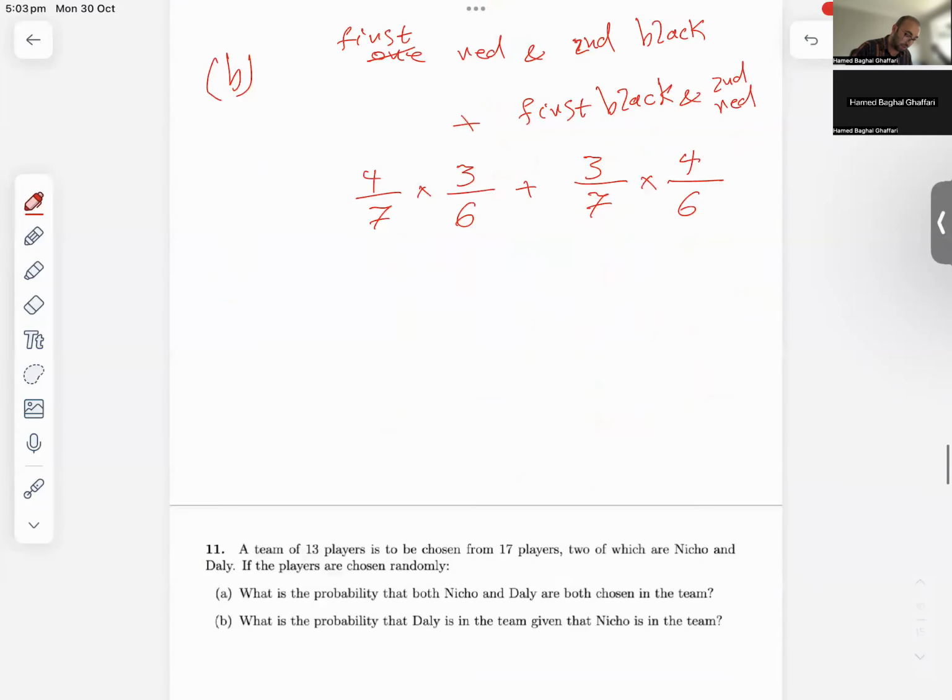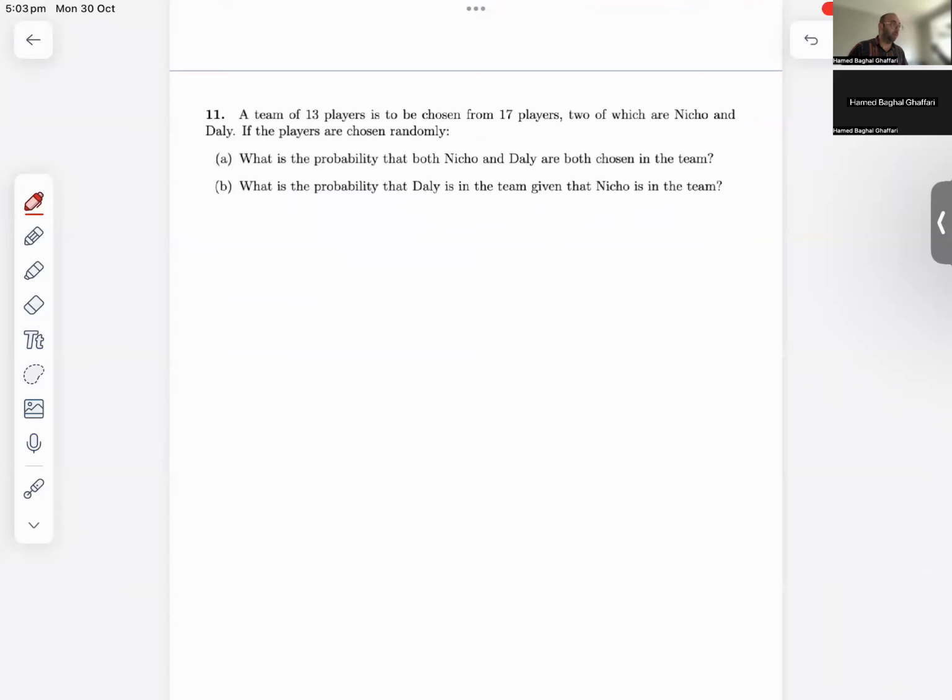Now, question 11. We've got 13 players chosen among 17 players, 2 of which can be Nico and Dali. What's the probability that both Nico and Dali are chosen to be in the team? Assuming that Nico and Dali are in the team, we need to know how many scenarios there are for the rest.